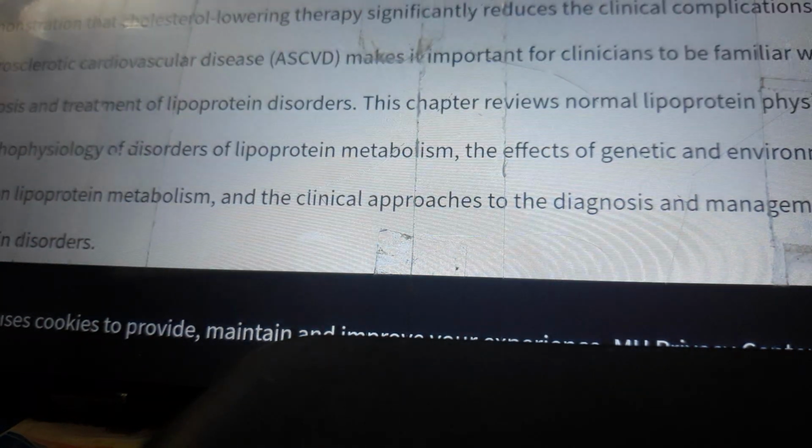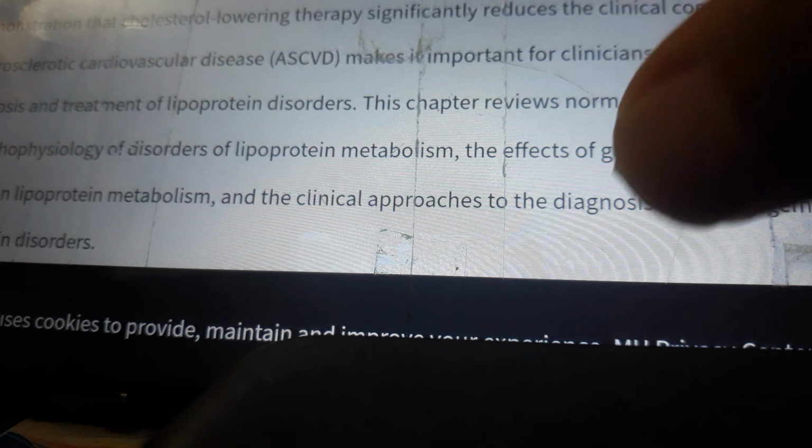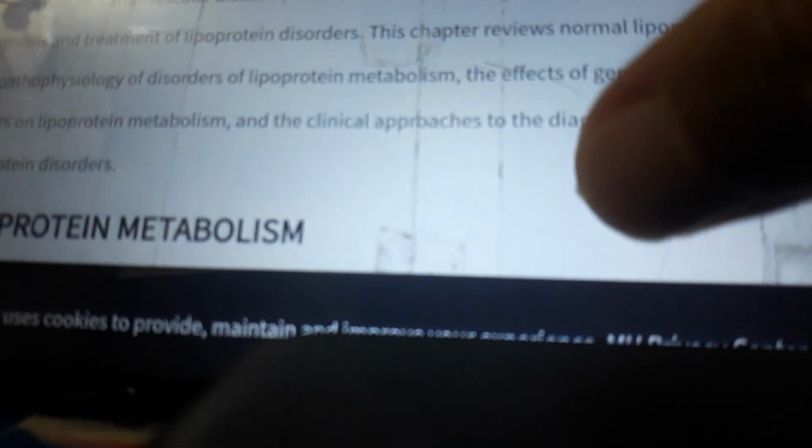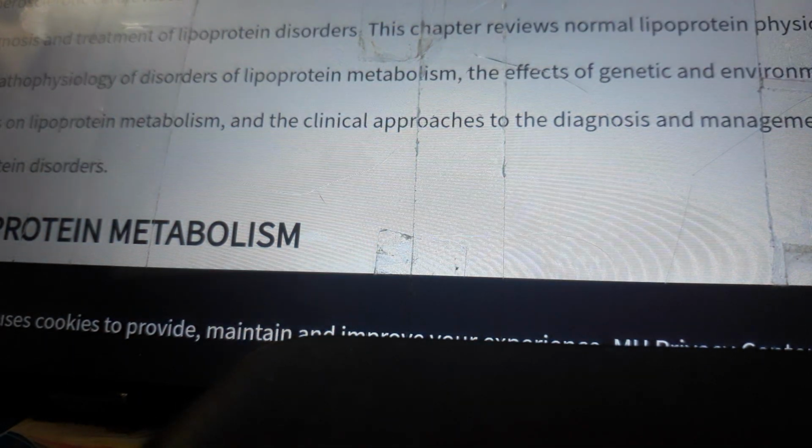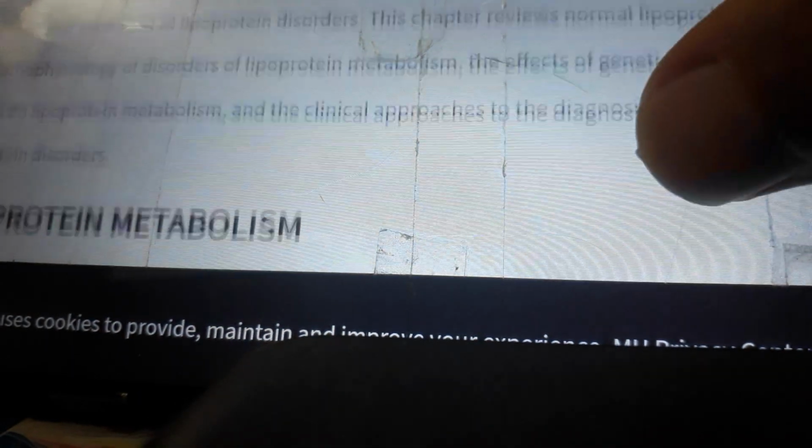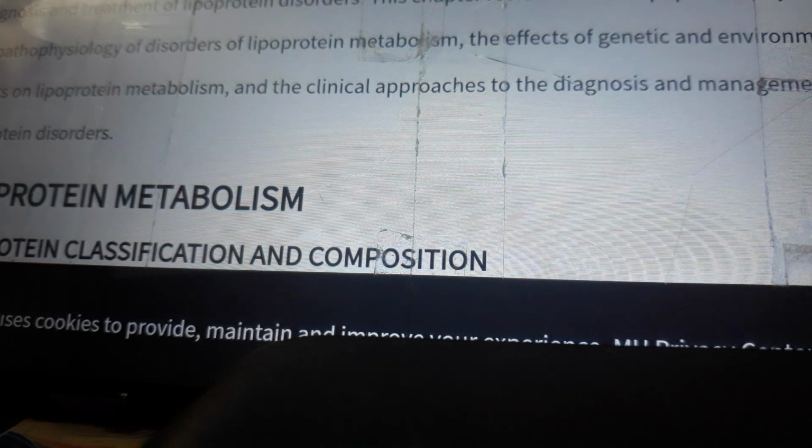The demonstration that cholesterol lowering therapy significantly reduces the clinical complications of atherosclerotic cardiovascular disease, ASCVD, makes it important for clinicians to be familiar with the diagnosis and treatment of lipoprotein disorders.